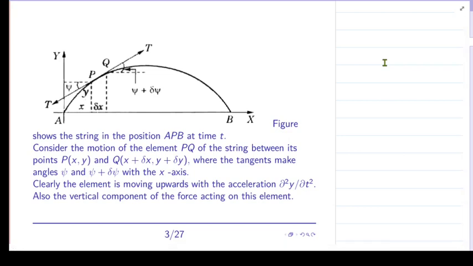The point P has coordinates x, y, and the point Q has coordinates x plus delta x, y plus delta y. And the angles are psi and psi plus delta psi for P and Q respectively.